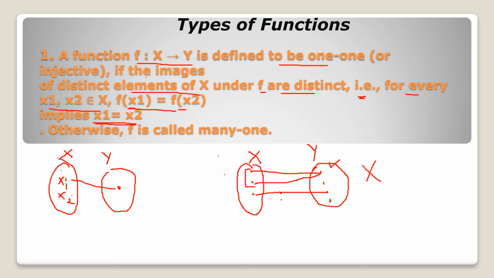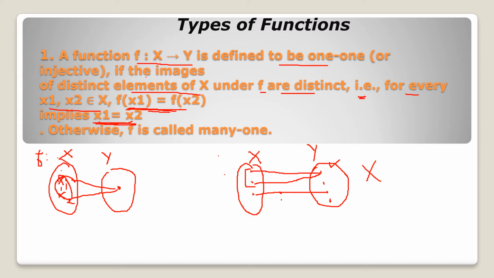So what does this mean? This is a function from x to y, and the image of x1 under this function is this, and the image of x2 is also this, because we are saying the images are equal. If the images are equal, this will imply that the points are also equal. It means if the images of these are equal, these points cannot be distinct; they should be one point.